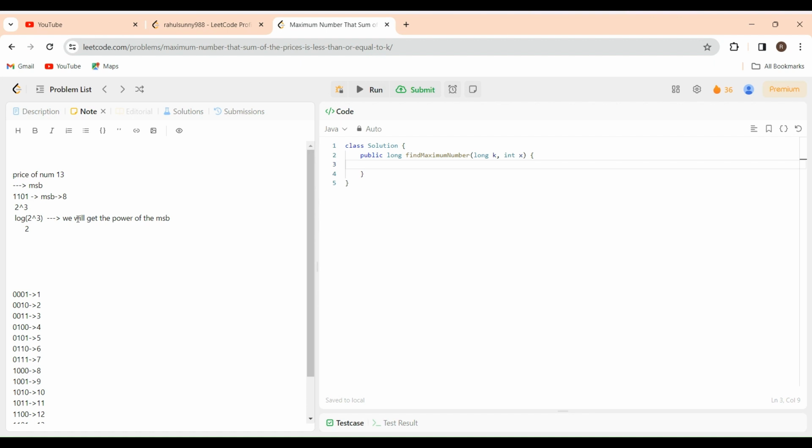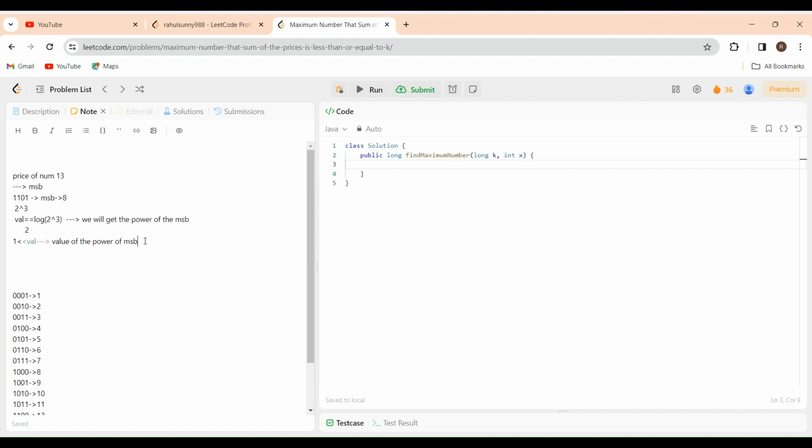Consider this as a value; if we left shift one by that power, we get the value of the most significant bit. Don't worry, we will be coding all of this live in the coding part.